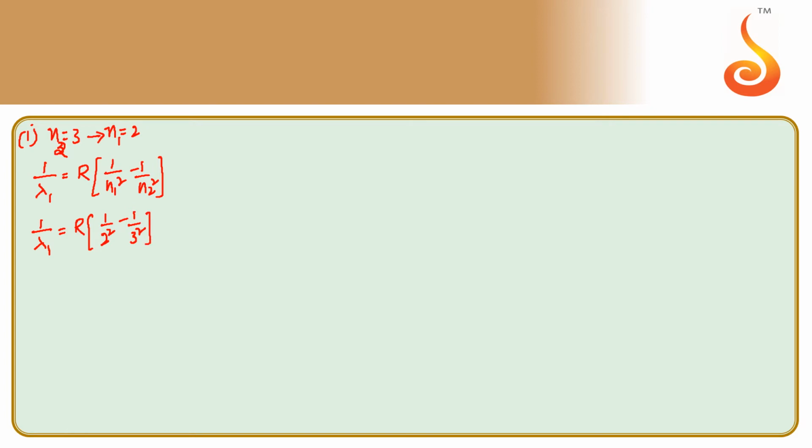By simplifying it, we get lambda 1 as 36 by 5R.